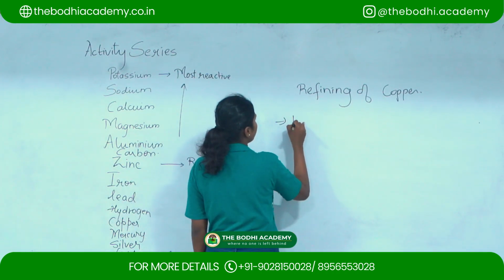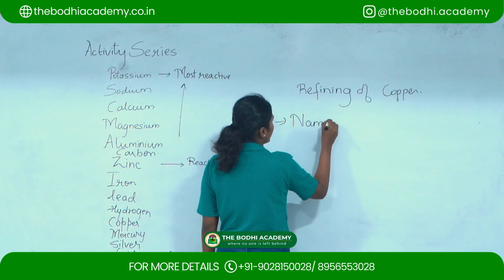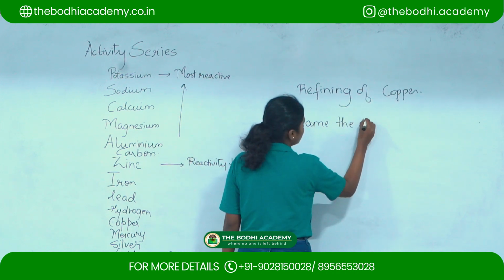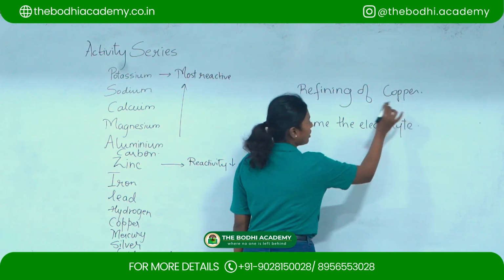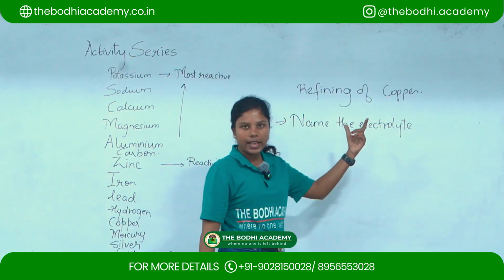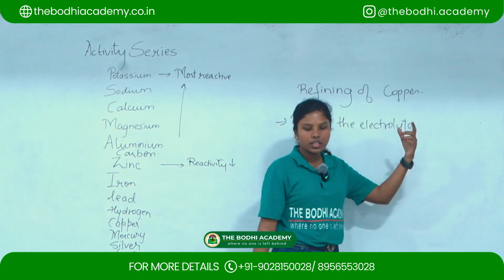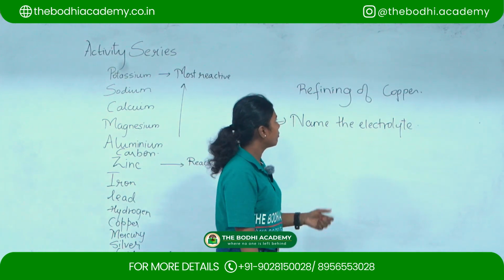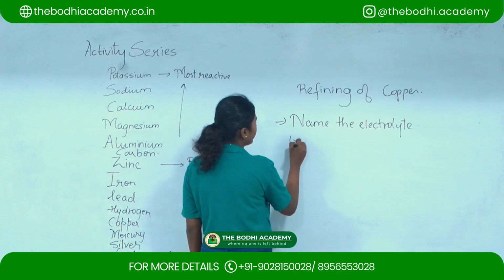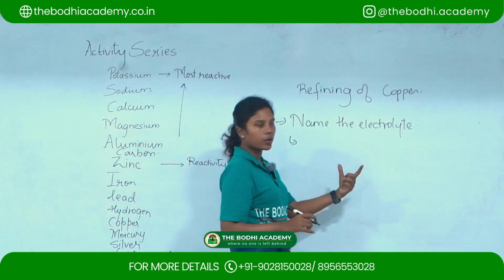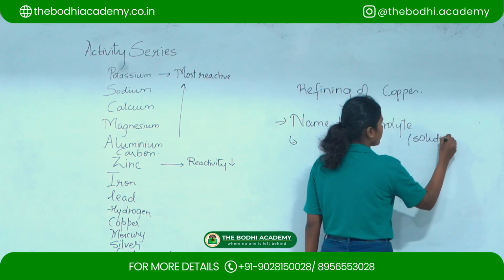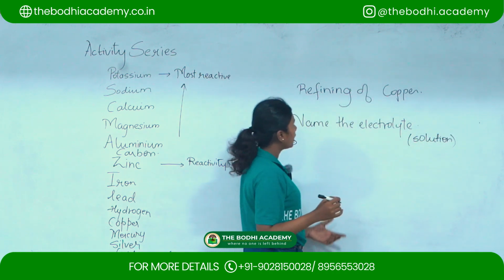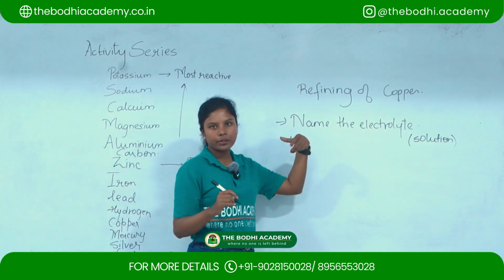Name the electrolyte. If we have the metal as copper, we use its solution too. Electrolyte means the solution, in the aqueous form. So this is refining of copper by the electrolysis method.